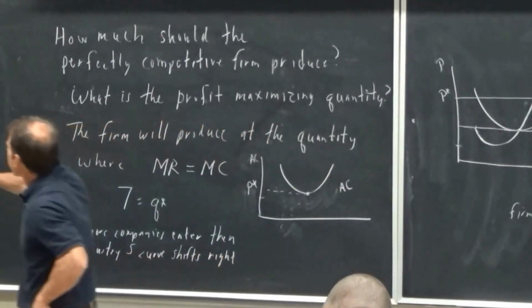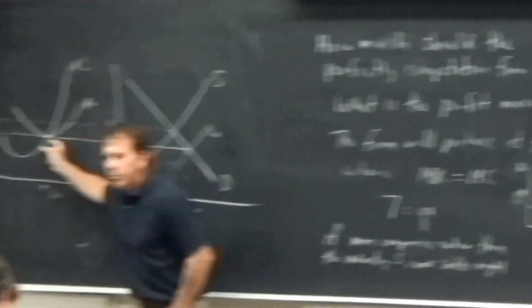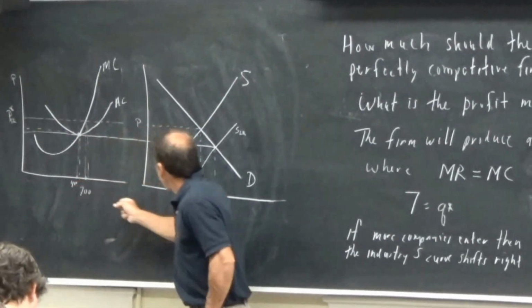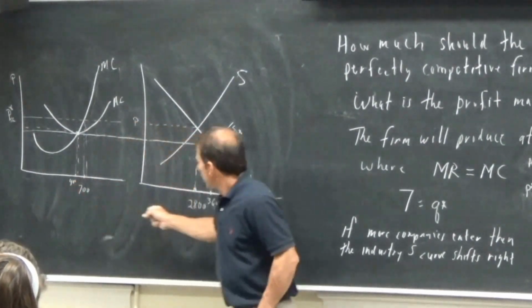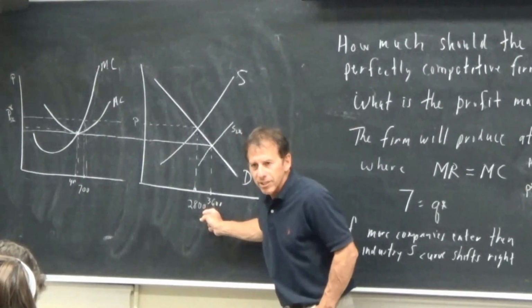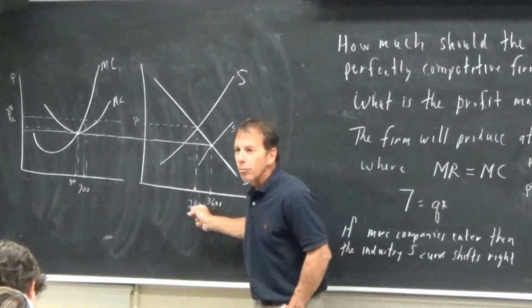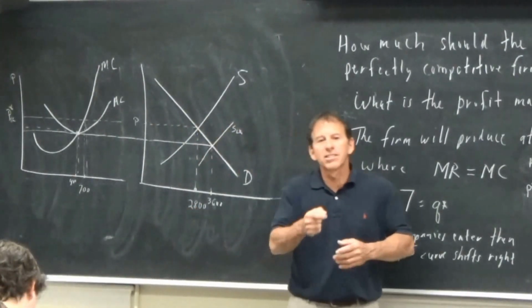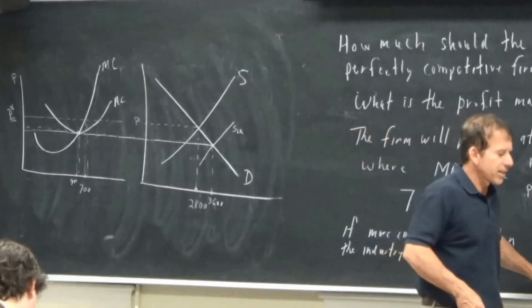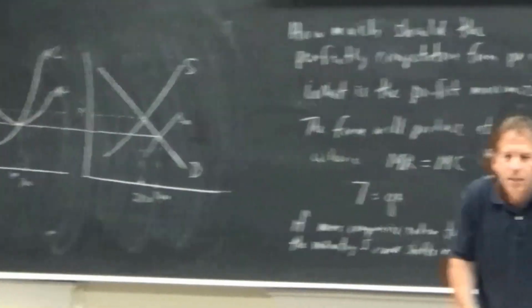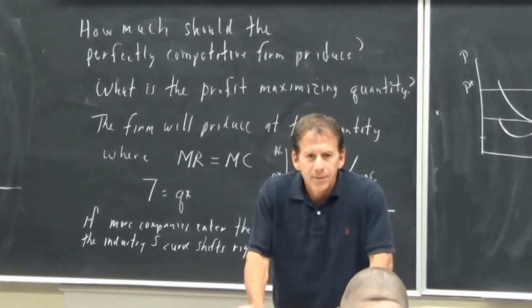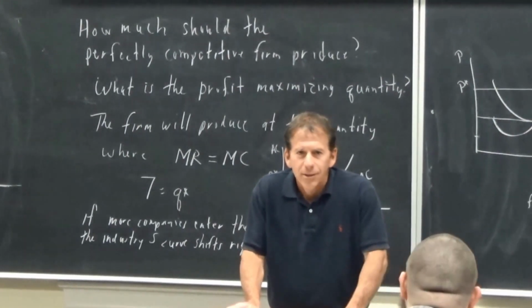They kept entering and entering until there was no longer any profit. At the end, the individual company was producing 400, and the industry is producing 3,600. So now there are more companies, but each of the companies is charging a lower price and selling a lower quantity. Okay?